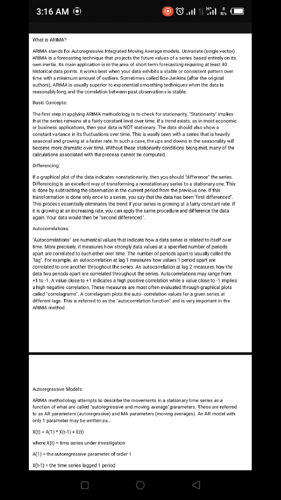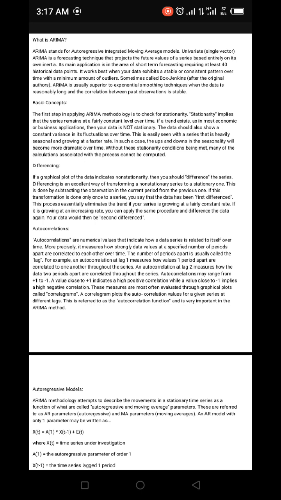The process of transforming a data series that is not stable, non-stationary, into a stationary series is called differencing. They also call it first difference and second difference, depending on your aim and objective of using the ARIMA model.